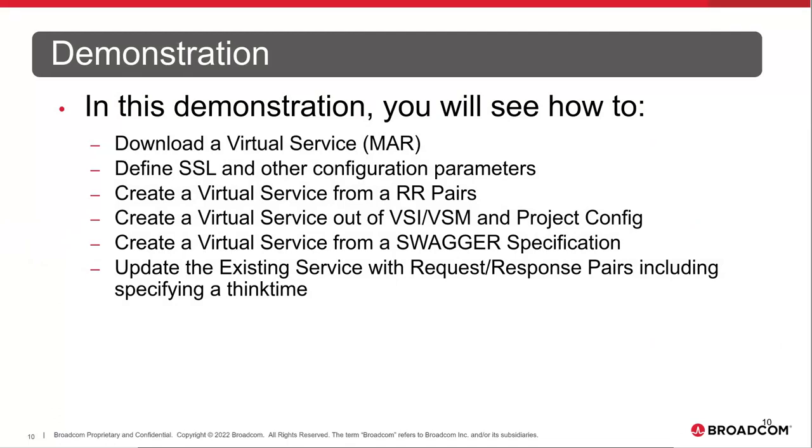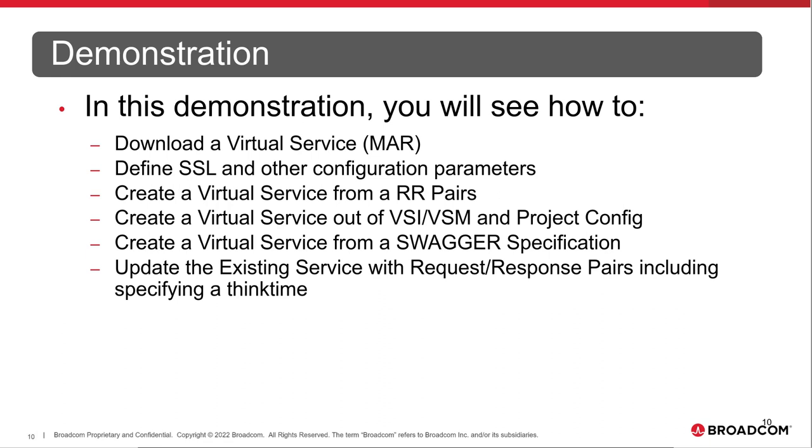So let's go right in and look at the demo, because I know that's always what I like to do. In this demonstration, I'm going to show you how you can download a virtual service model archive file, otherwise known as MAR, and how you can define SSL and other configuration parameters so that when you create a virtual service from, say, an RR pair or a Swagger, you can define it exactly as you need to: ports, SSL, etc. We're going to create a virtual service from a VSI, VSM, and config file.